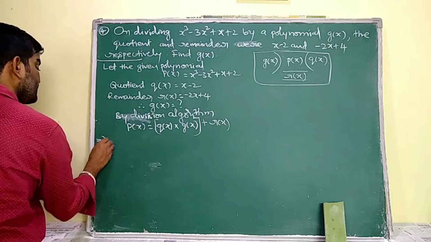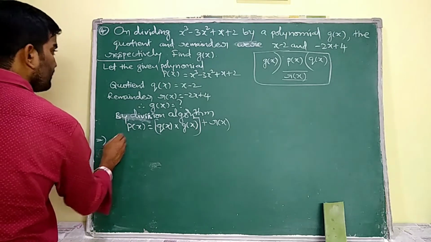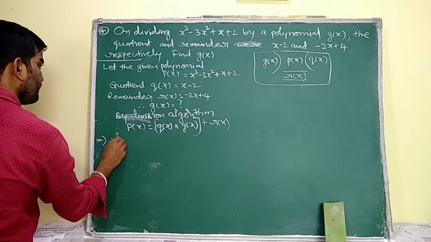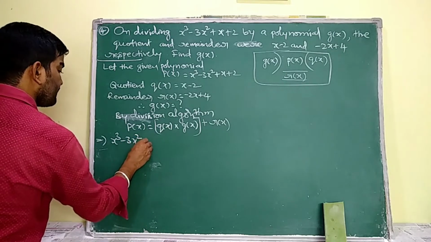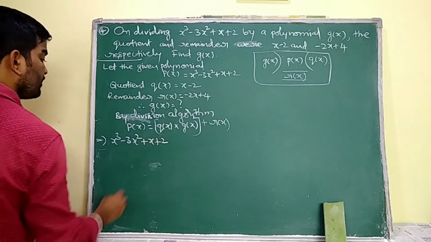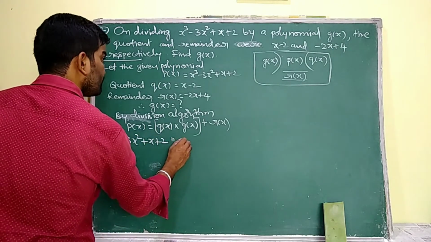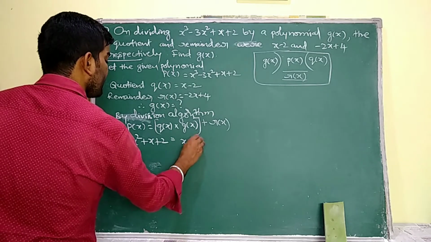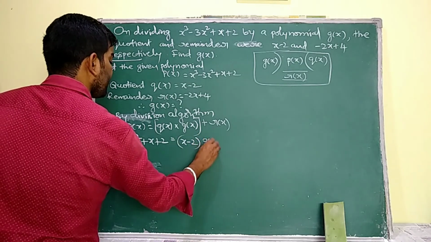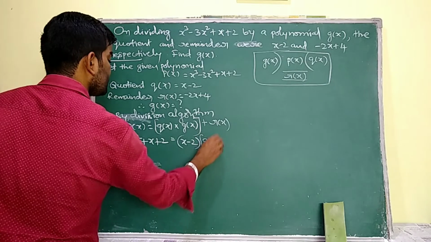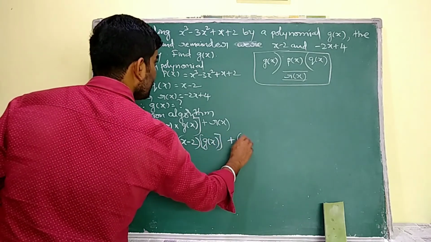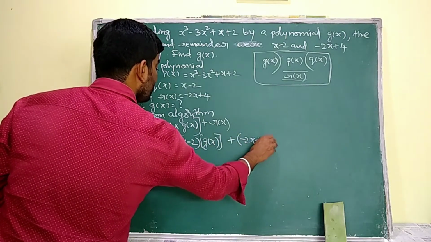So now I have to do the same. See ma, p of x means x cube minus 3x square plus x plus 2. Okay na ma? That is equal to q of x means x minus 2 into g of x, g of x only, I don't know this g of x, plus remainder means minus 2x plus 4 ma.